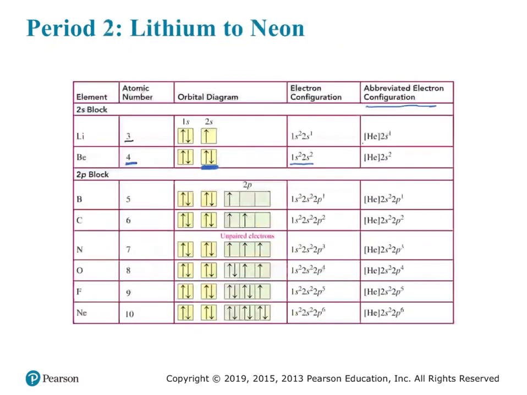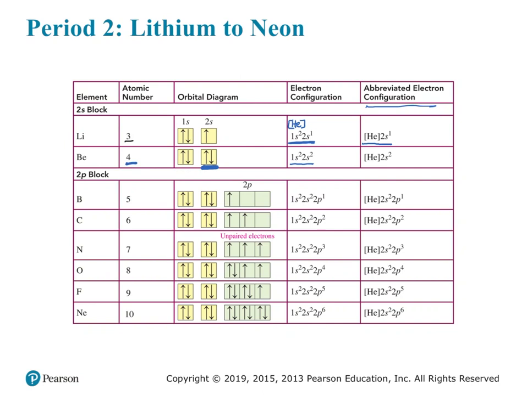So you'll notice that for lithium, we had the electron configuration 1s2, 2s1. But we can replace 1s2 with helium, and we're going to put that in brackets to separate it from the numbers and letters. So then we end up with an abbreviated electron configuration of helium, followed by 2s1.